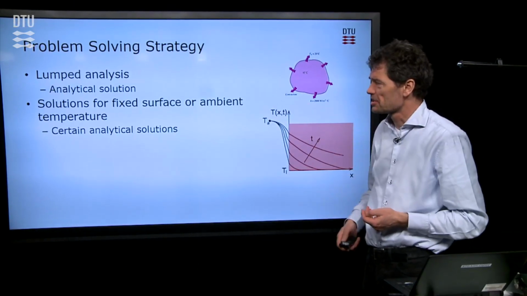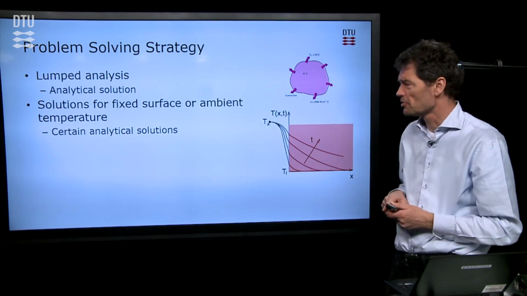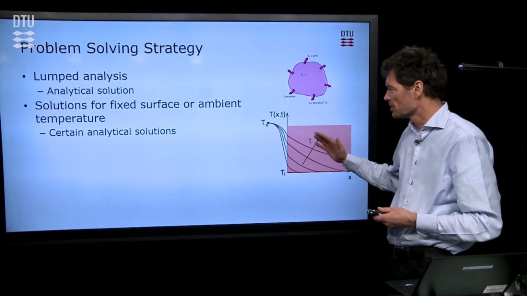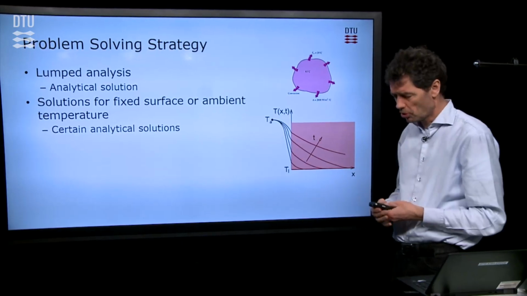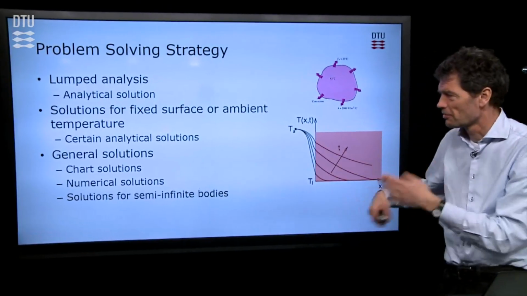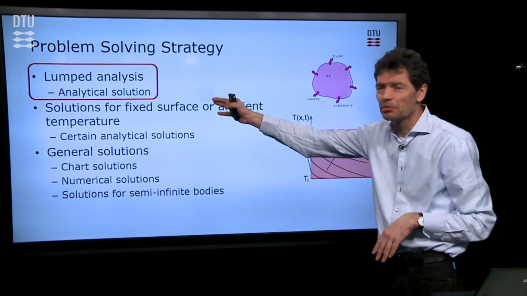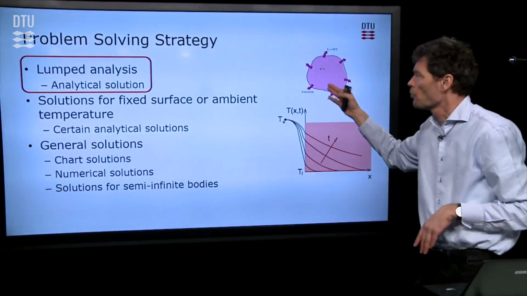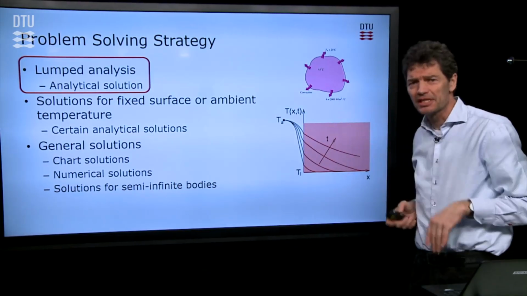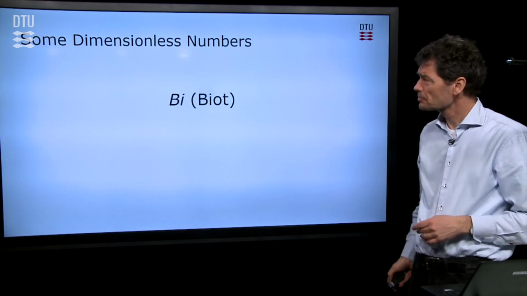But as the strategy continues, we have various solutions where we look at how the temperatures vary within building materials and how it develops over time. I'll not explain the details of those variations in this lecture, because we focus only on the lump. That is the lump, one piece of material, one temperature within the material, but how does that temperature develop over time? That is what we are looking at here.